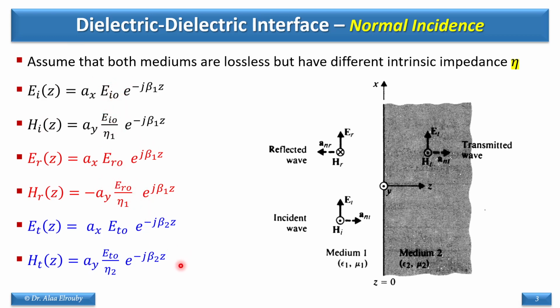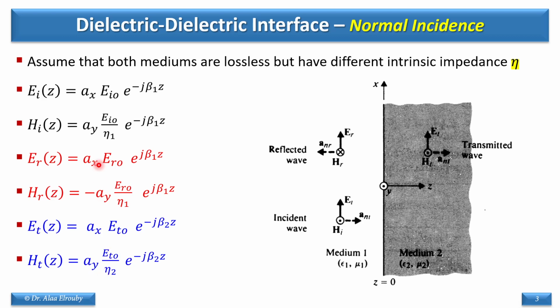Now, in order to find the relationship between the different components, we need to apply the boundary condition. The incident is given, so we solve the problem knowing that E incident is known. Of course, we know the dielectric constants in both media, so beta 1, eta 1, beta 2, eta 2 are known.